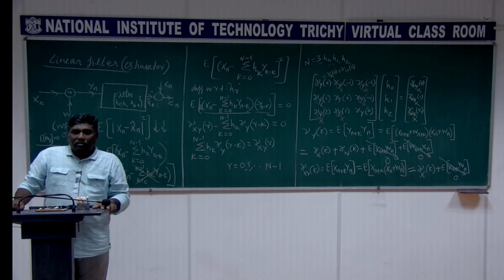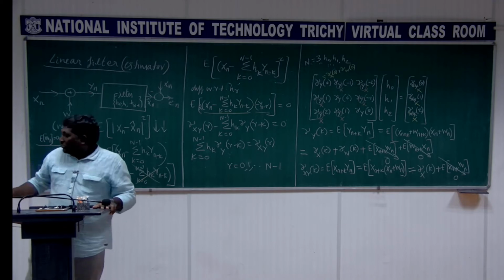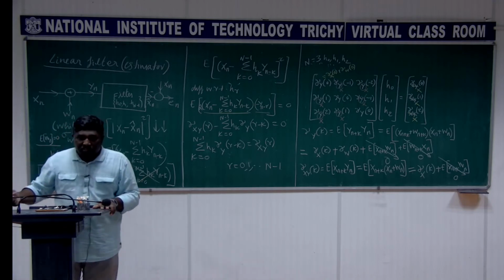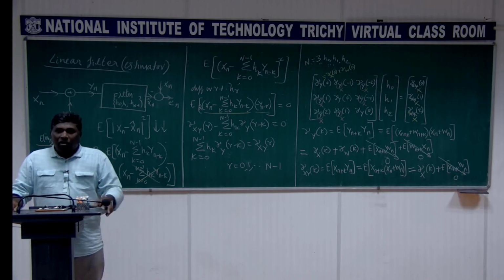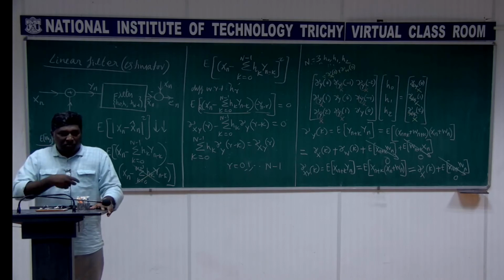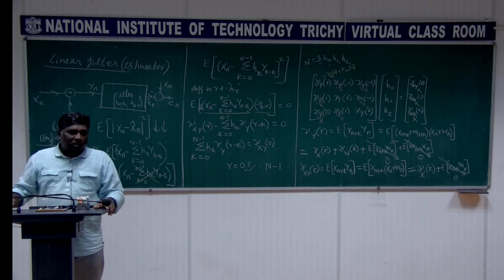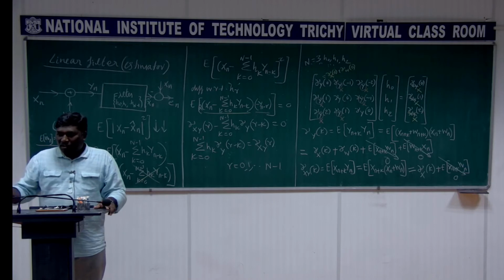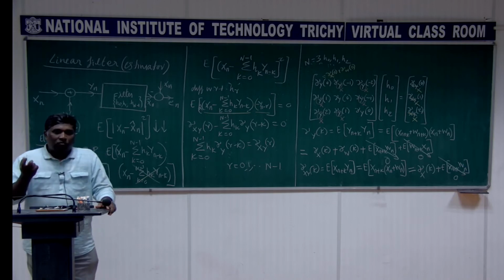We actually have to get it by modeling how that xn is getting generated from noise. This is what we call the parametric approach. You are building a model over the generation of this signal from that noise. I don't know whether I told it earlier or not, the speech signal coming out of the mouth and nose describes this sound. The source is basically noise coming out of the lungs, passing through the vocal tract and coming out of the mouth and nose.